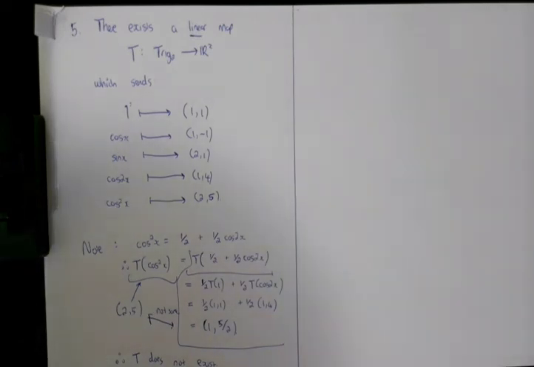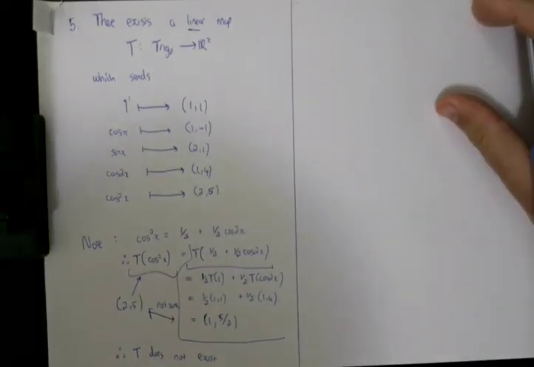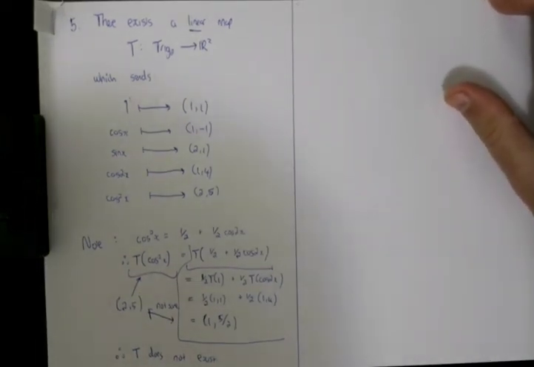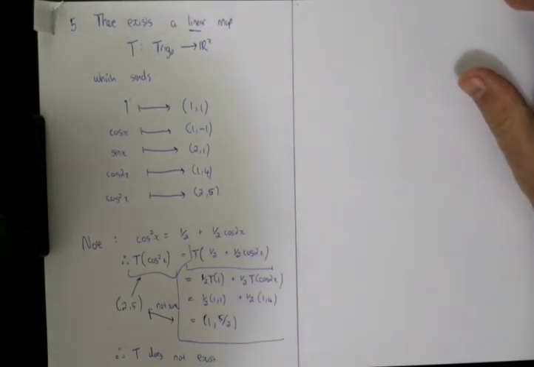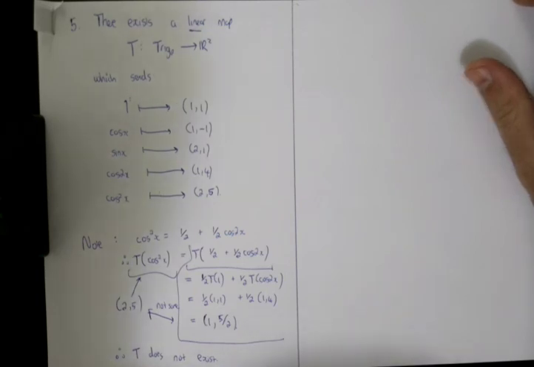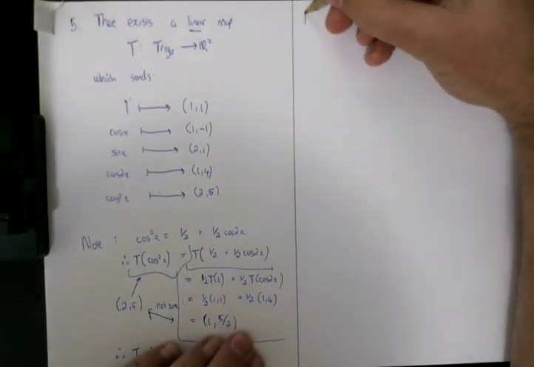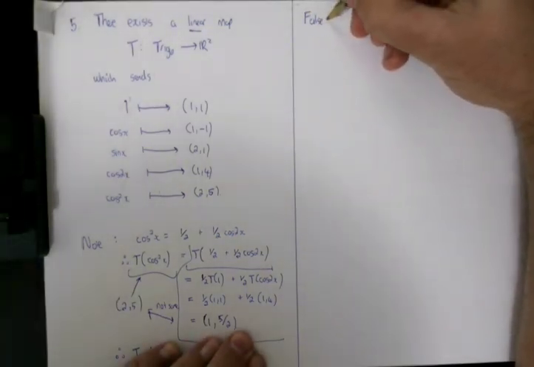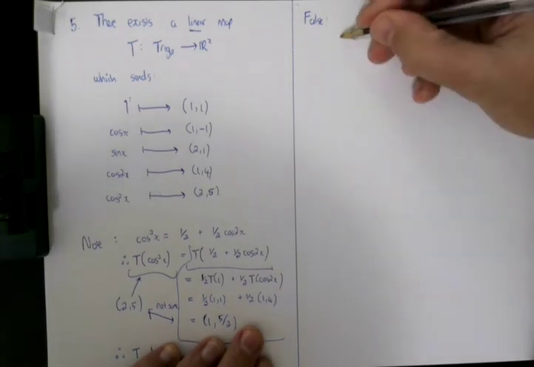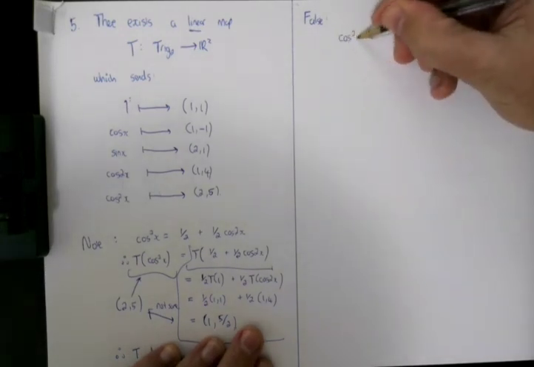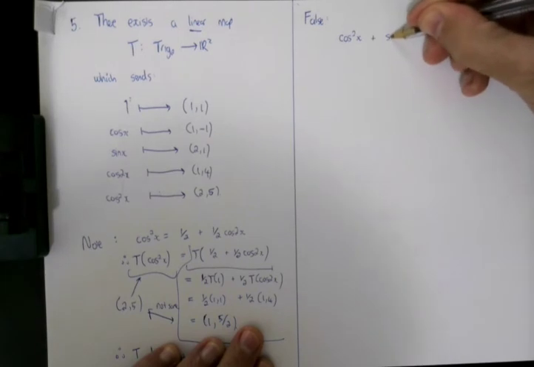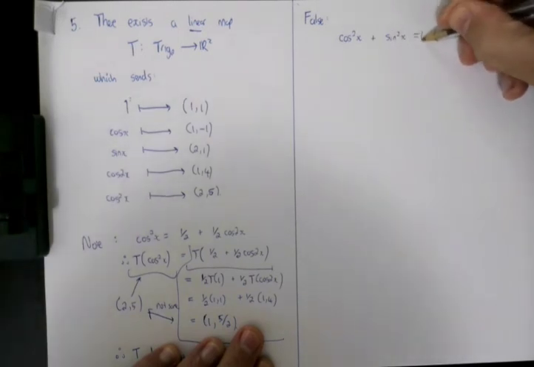Okay, so now let's go through some conceptual errors here. I wrote some of these down. One person, or a number of people, reasoned like this. You say something like cos squared x plus sine squared x equals 1, which is true.